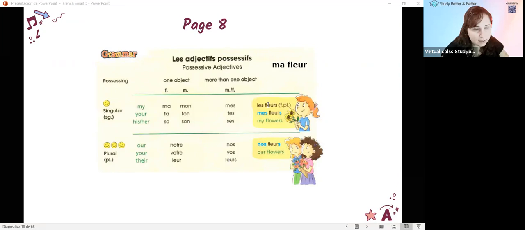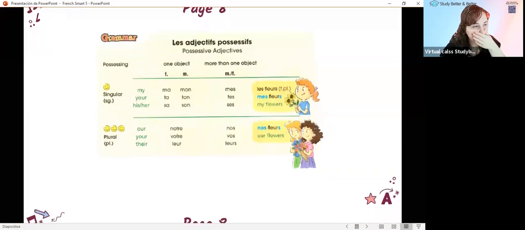So all of this is we have only one object. Ma, ta, sa, mon, ton, son, notre, votre, leur. And when we have more than one object, it's going to be mes, tes, ses, nos, vos, leurs. Okay? So, okay, let's continue with the next one.